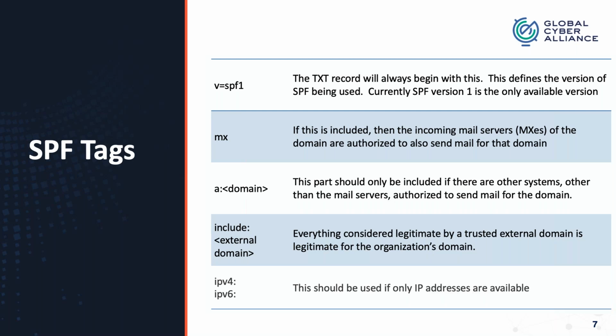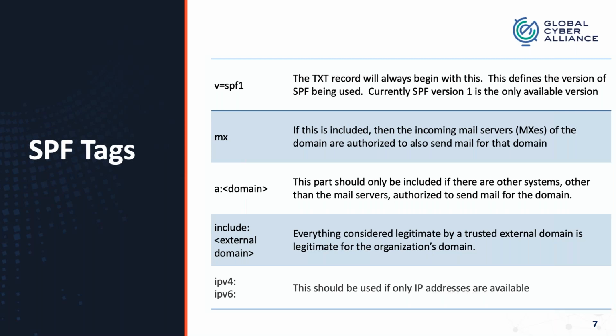You may or may not have this, depending on how you're using things, because if you're using a cloud service provider, you might not have that MX record, even though the majority of them are now asking you to create it, because that MX record defines that these are my incoming mail servers, so these are the servers you need to send mail to.